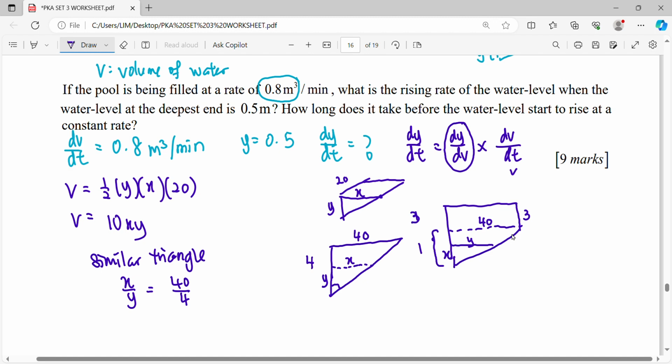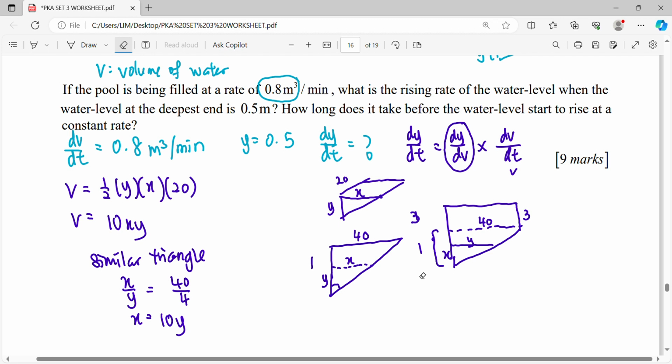So what's your x here? x equals 10y. Is it? No, this one is just 1 only. The dip here is just 1 only.